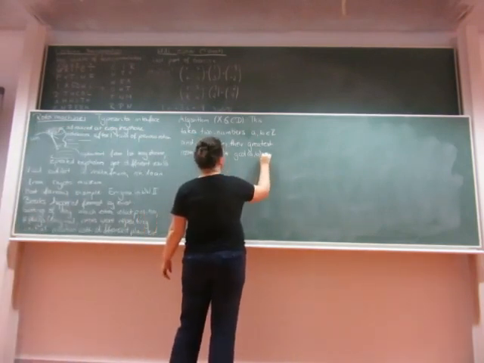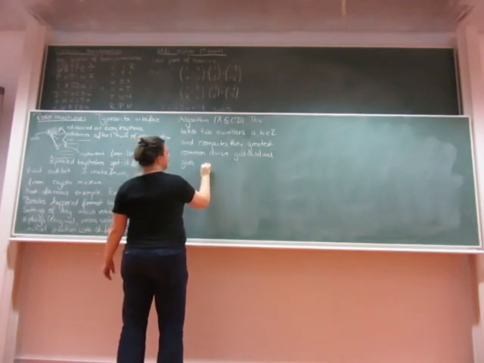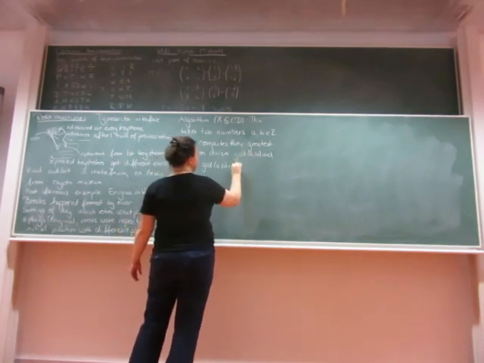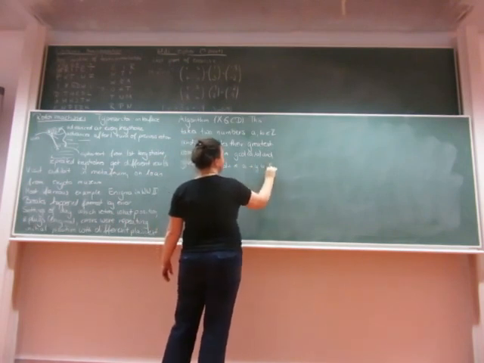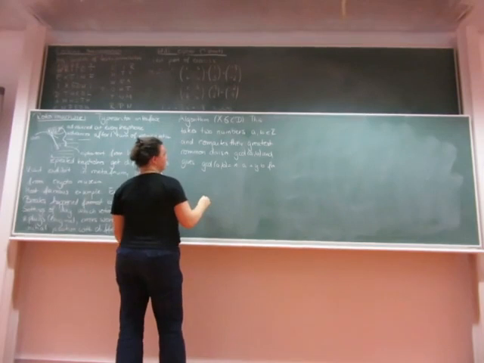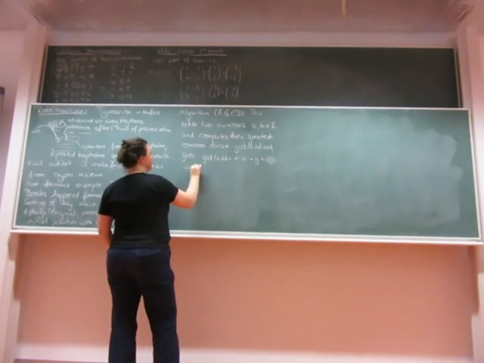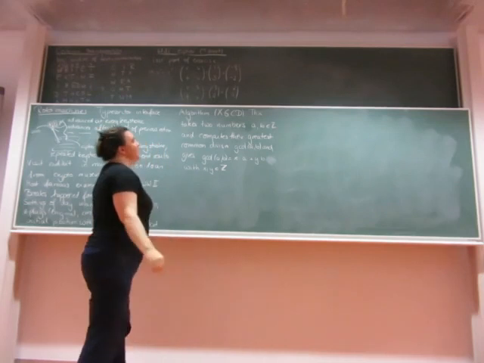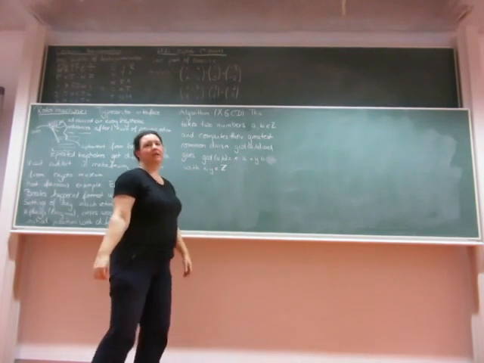So it gives that the GCD of A and B is some X times A plus some Y times B, with X and Y in Z, and more importantly, that X is smaller than B and Y is smaller than A in absolute value.